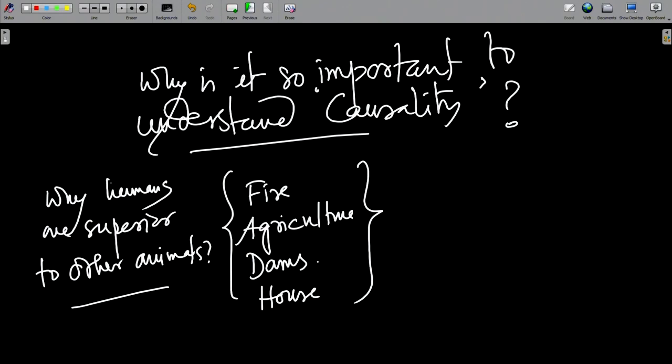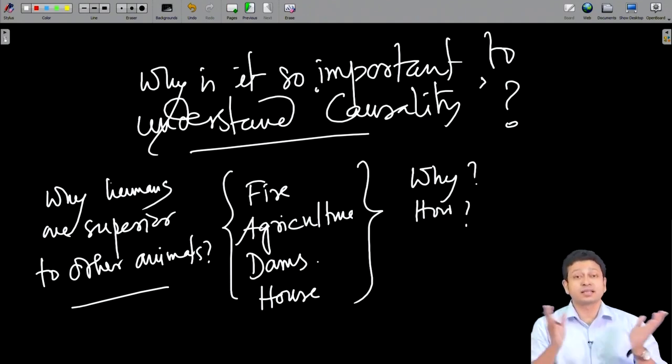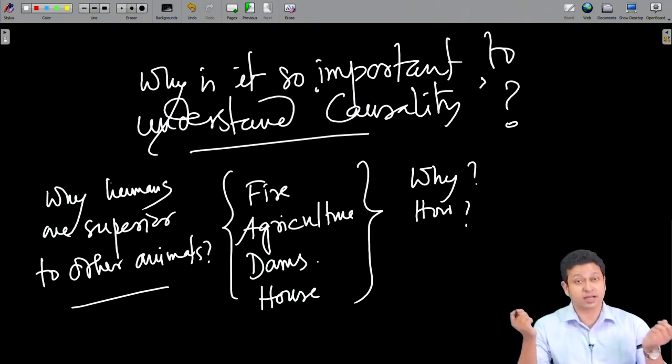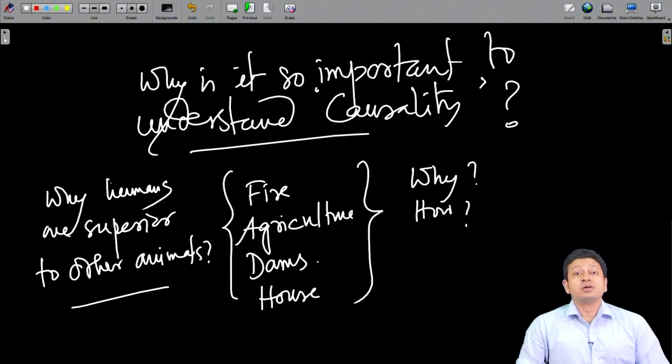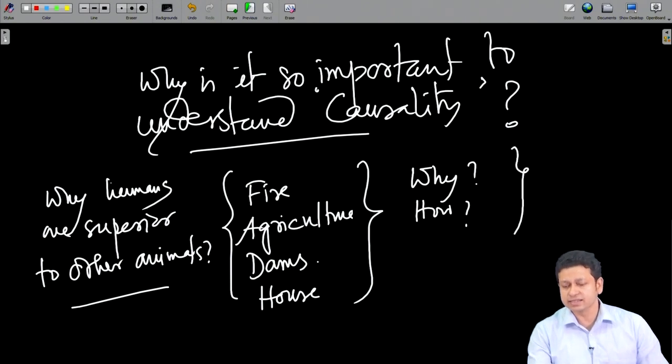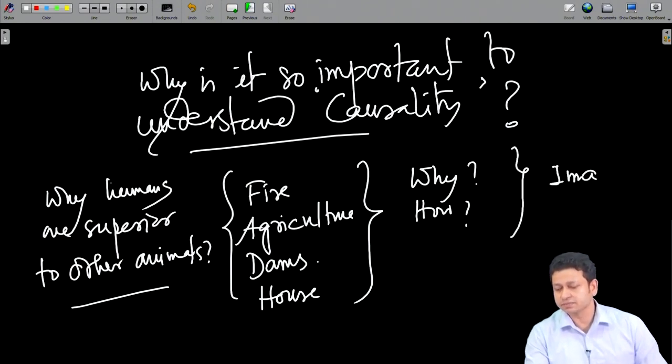Now, I will ask why or how humans have learned this, whereas other animals could not learn this, right. So, other animals could have learned the same way, like the fire and agriculture and dams and house, so many things. But why could other animals not learn it, whereas humans can learn it? Now, to answer that, Yuval is giving an answer that it's imagination.